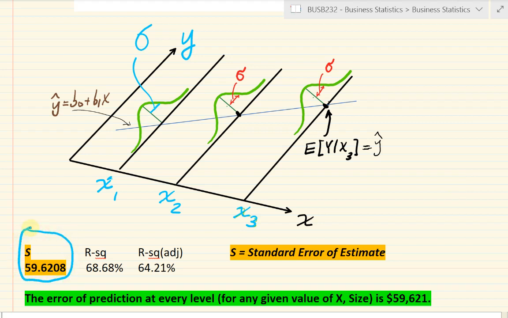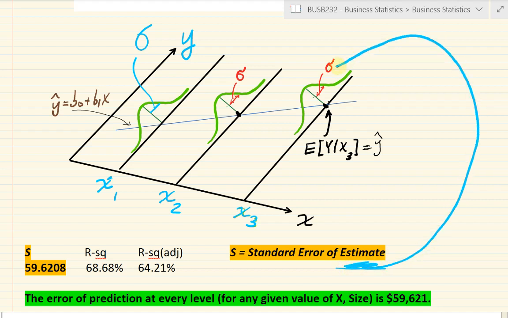The letter S stands for standard error of estimate, and that number is 59.62 for our home prices example. So what does this standard error estimate? It's the estimate of the common standard deviation.